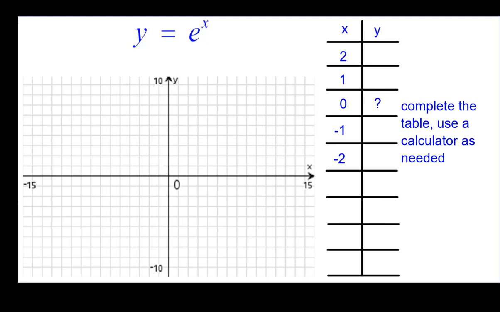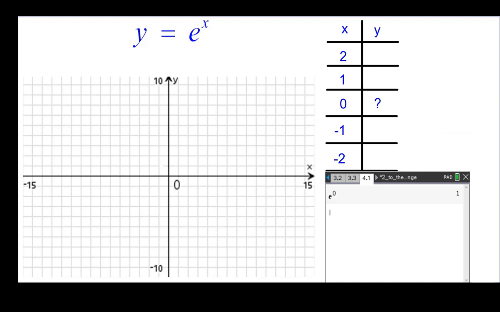So we said if you put in 0, e to the 0 power is 1. Any non-zero number raised to the 0 power is 1. E to the first power is just the value for e. We're going to round that to 2.7. E squared, with a calculator, it's about 7.4.